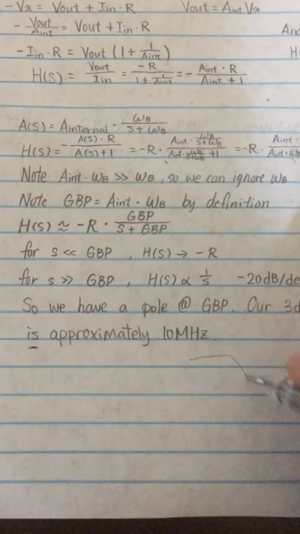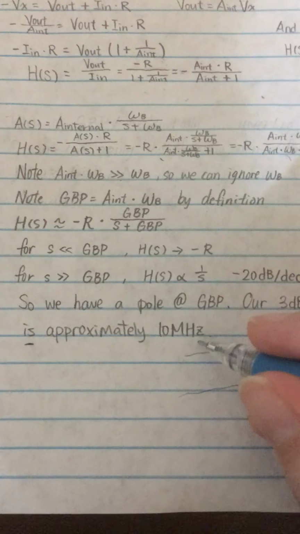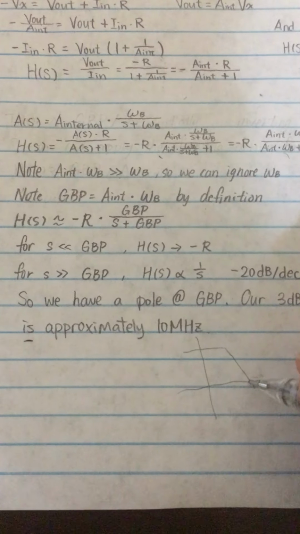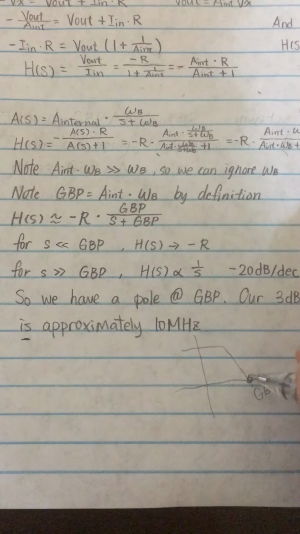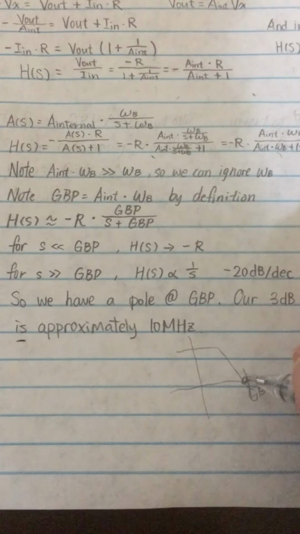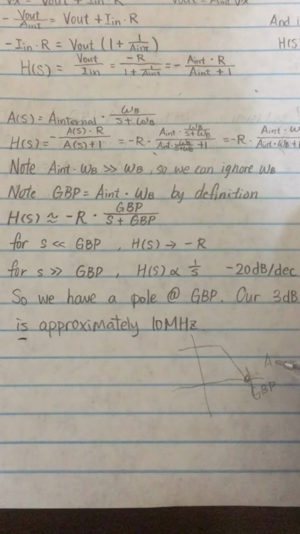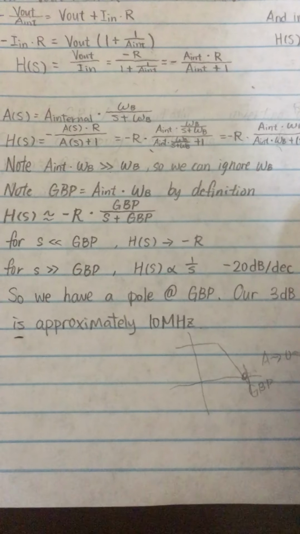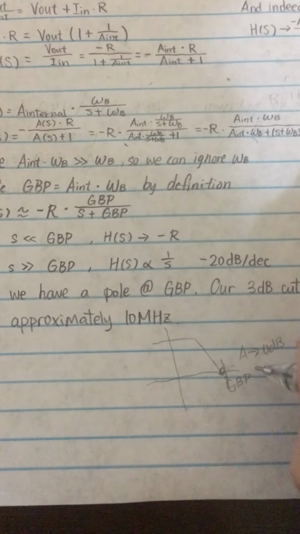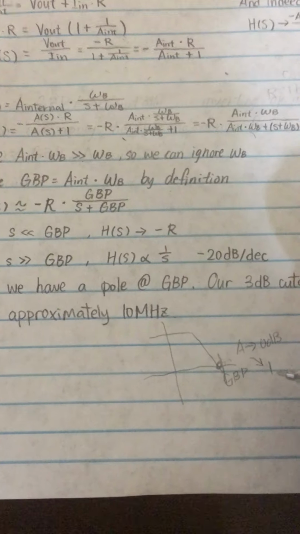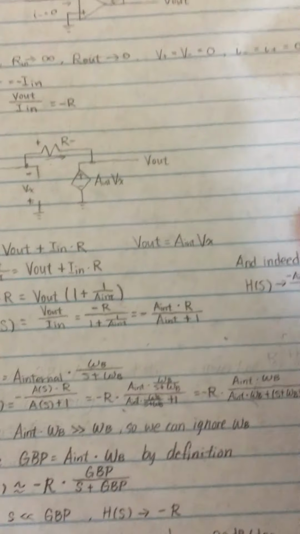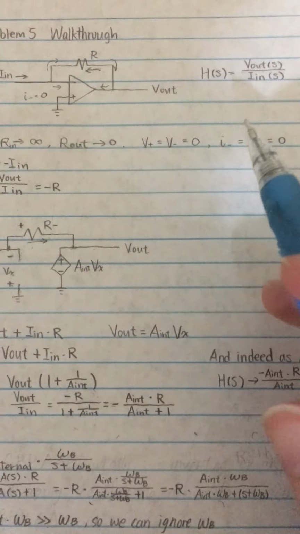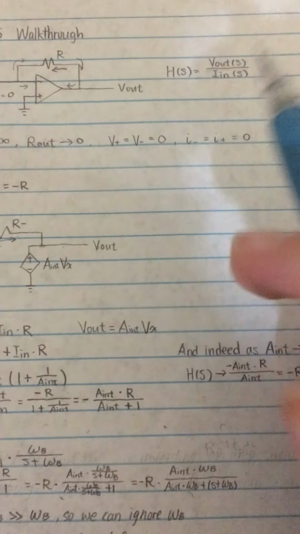So the point here will be the GBP, so the frequency here. So this is when A goes to 0 dB, which means the actual value will be 1, which is when the HS of this transfer function will start to get affected.